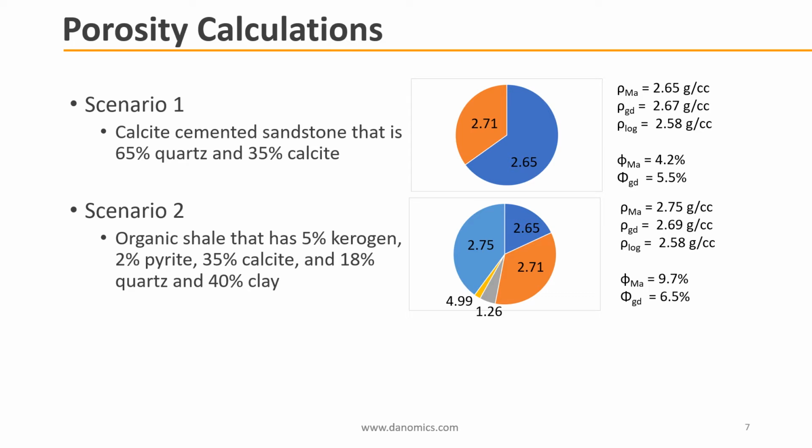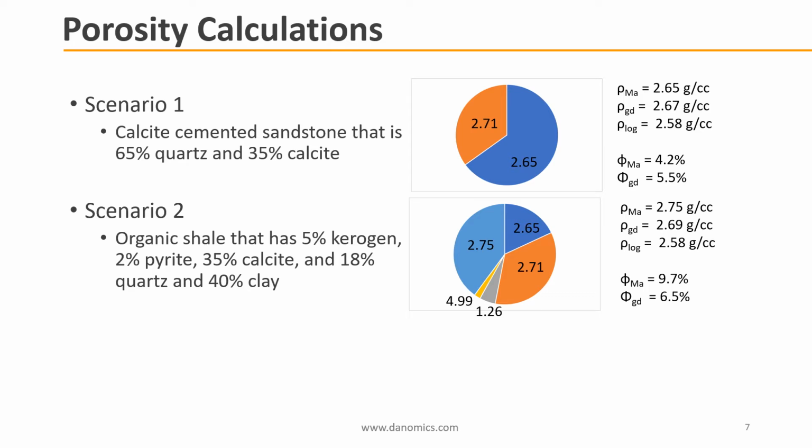Okay, well, maybe we then decide to calculate a grain density. We perform our mineral inversion, we calculate a grain density, and we get that grain density comes out to be 2.67 grams per cc, so slightly higher. We have the same bulk density that we measured on our logs, and this would then tell us that our porosity calculated using that grain density is 5.5%.